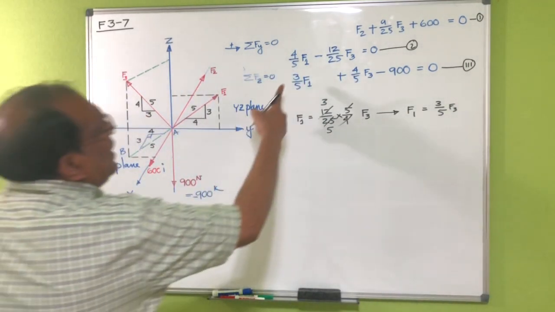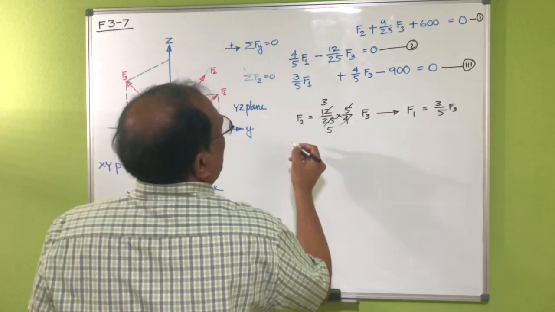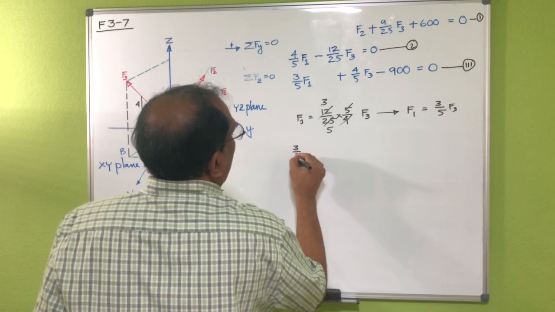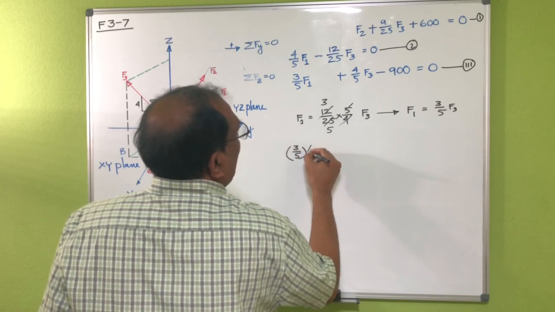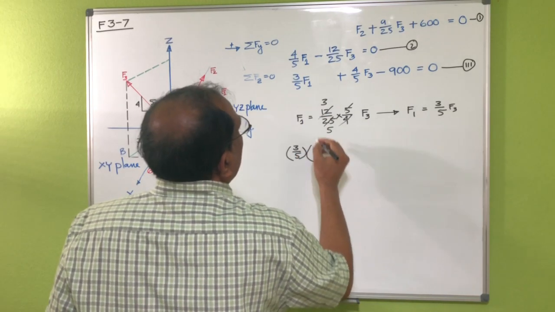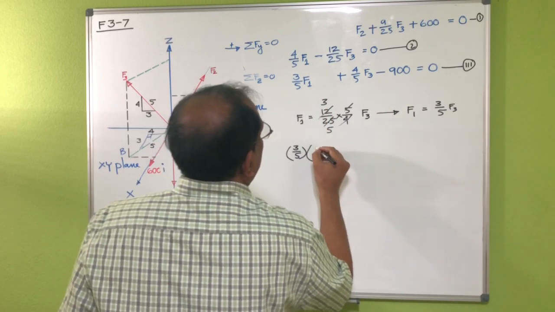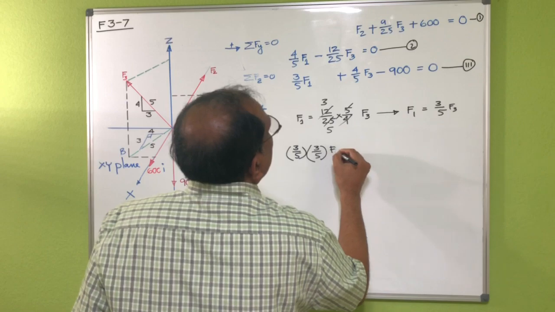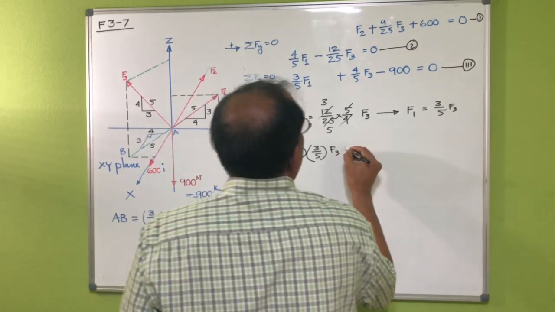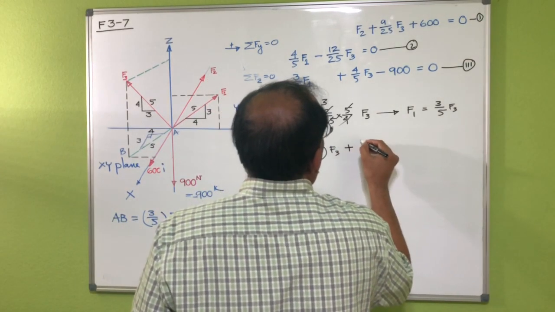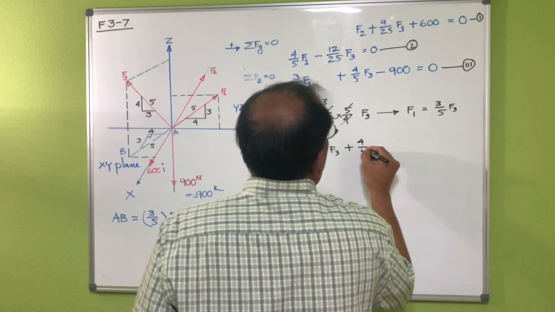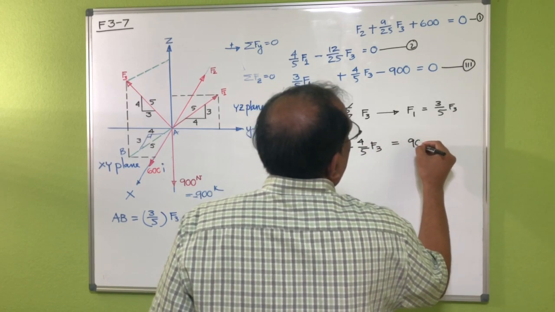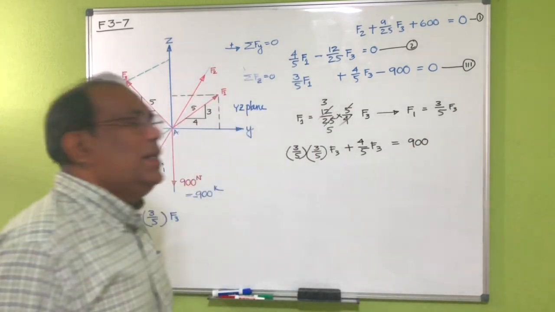Now if you plug that one in equation number 3, then you can see 3/5, and again F1 is 3/5 of F3, plus 4/5 of F3, that's equal to 900.